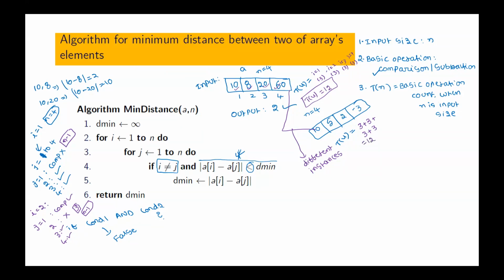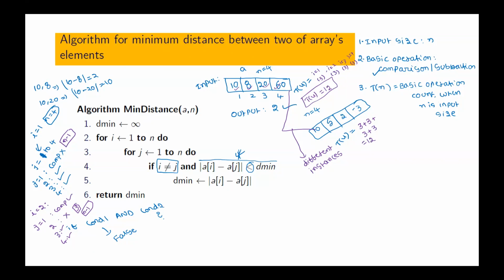That means here, the input size is the same, and the number of times our basic operation is performed is also the same. That means our T of n value depends only on the input size n. It doesn't depend on the actual values in the input, that means it doesn't depend on the input instance.